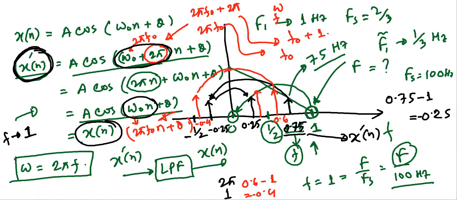So if I make it clear for the whole example, this is half, this is 1. For this kind of scenario, let's say this is 0.6, more than 0.5.